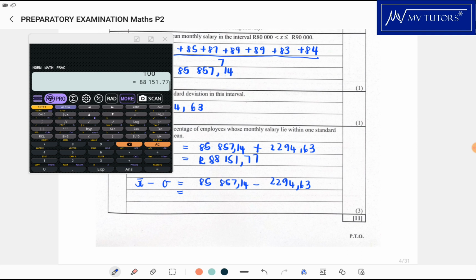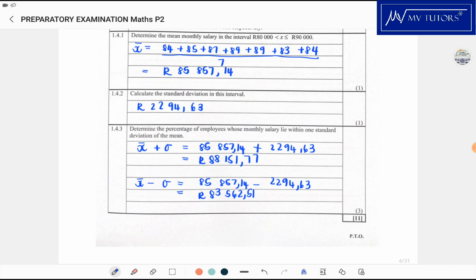And then on the other end, if we go back and subtract, and then we say equal to, here we get 83,562.51. Right, did you answer the question?